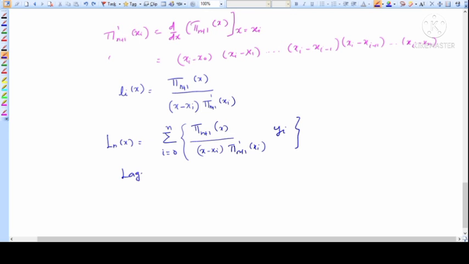This is the Lagrange's interpolation formula of nth degree polynomial.